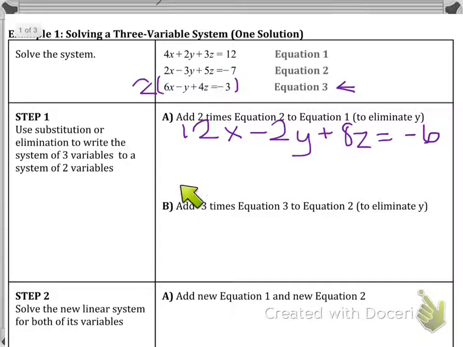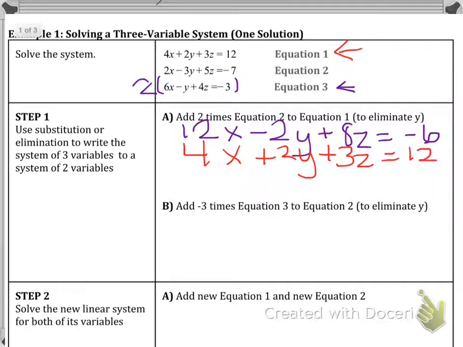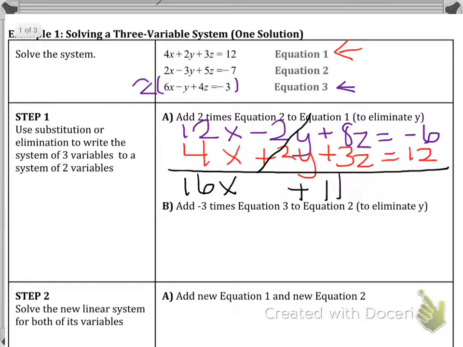Then I'm going to add that to equation 1, which is 4x plus 2y plus 3z equals 12. When I add them together, I get 16x, my y's cancel, and plus 11z equals 6.